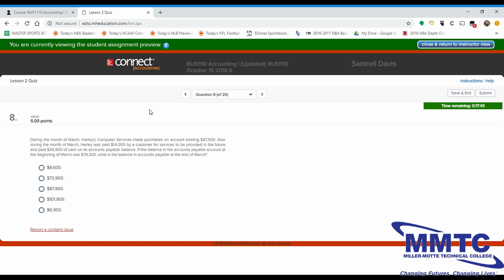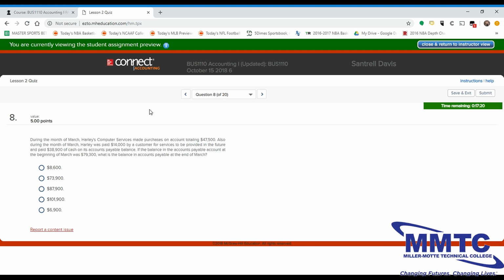Alright? So what do we need to do? What y'all think? You need to add them. You got to track that. There you go. We want to find the activity for that period. So $47,500, the account went up, and then $38,900, that account went down.